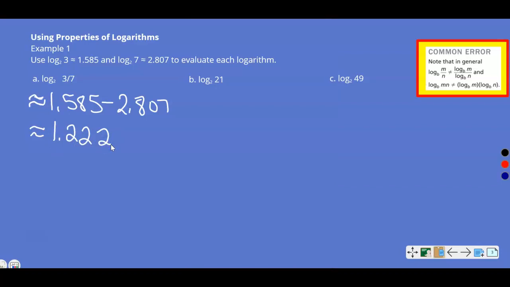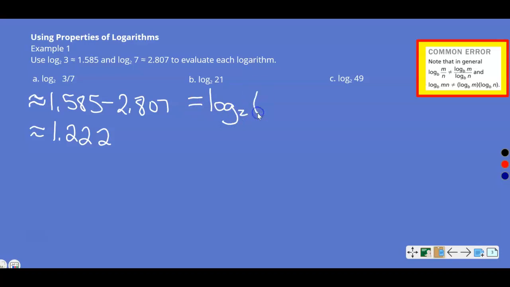All right, so we could have done that without our calculator, but when it says evaluate and it already gives you approximations, basically you're just using your properties of logarithms. So remember, a quotient means you have to subtract. Here we have log base 2 of 21. This gives us an approximation for log base 2 of 3 and log base 2 of 7. Think about 21 as a product of 3 times 7. So the first thing we want to do is rewrite this in terms of something that we have.